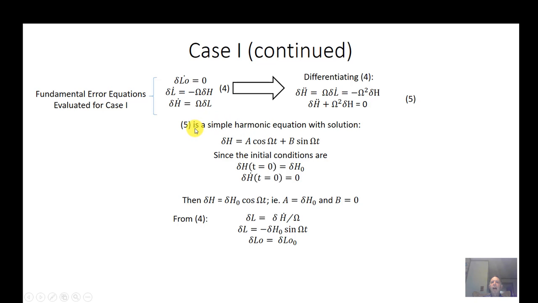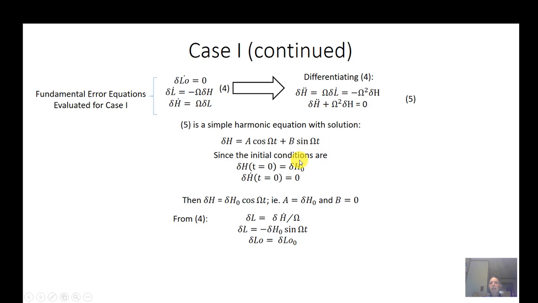Hopefully, we recognize equation 5 as a simple harmonic equation with solution delta H equals A cosine omega t plus B sine omega t, where A and B are constants that have to be determined based on initial conditions.